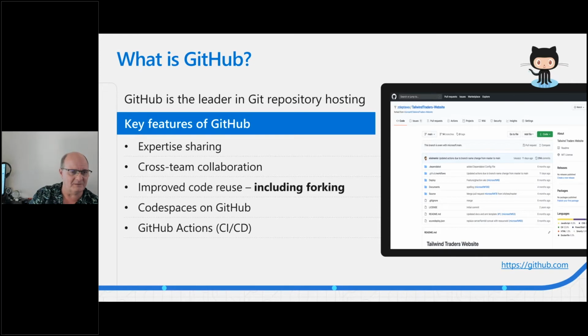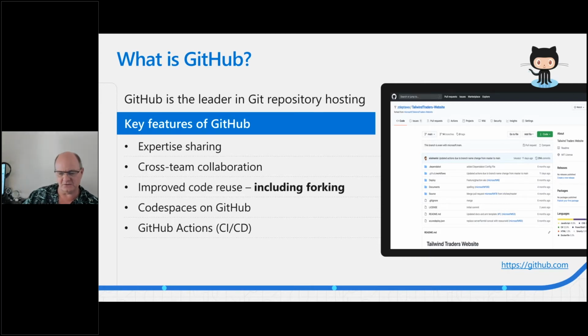The other thing that's great about GitHub is, of course, expertise sharing. You can put some code out there. It can be public. There's cross-team collaboration, so you can actually share things across a wide audience. A lot of people have a GitHub account, so pretty much everybody can say, what's your GitHub account, and give you access to my repo as an editor, or they can fork it and start working with it. Also, we have Codespaces, which is a fairly new thing.